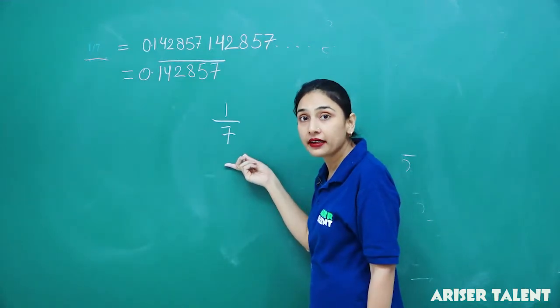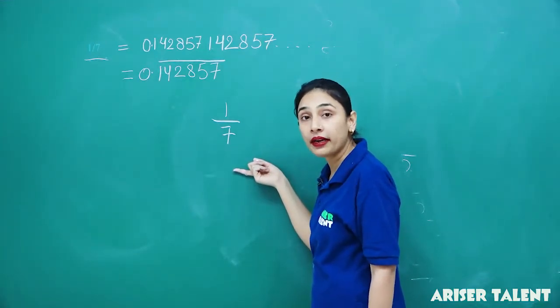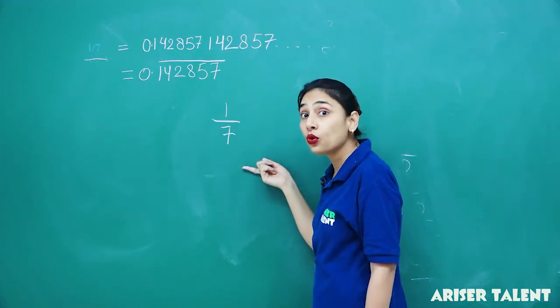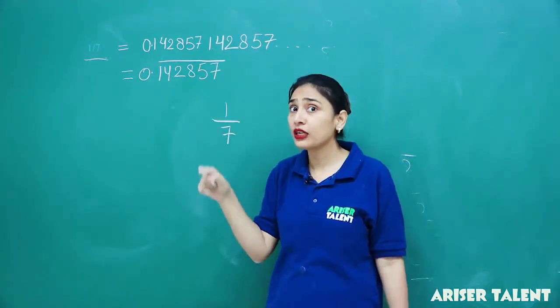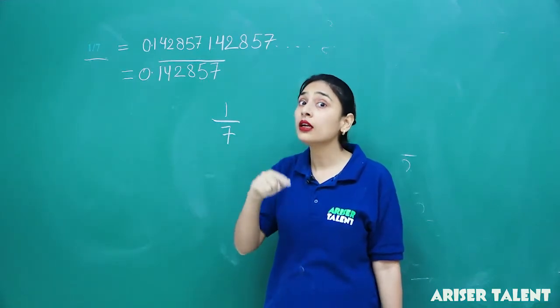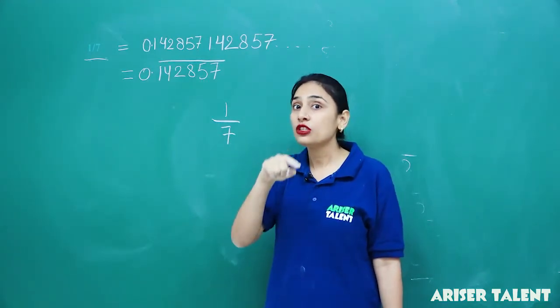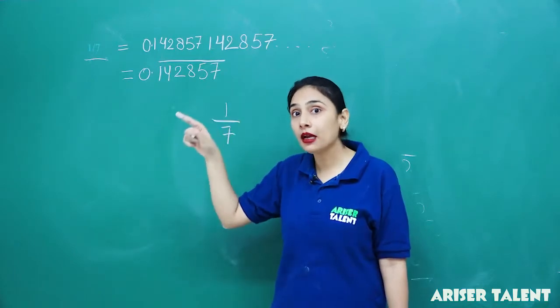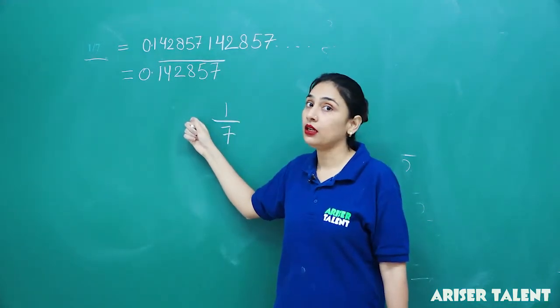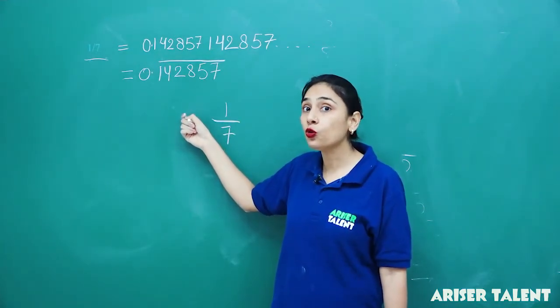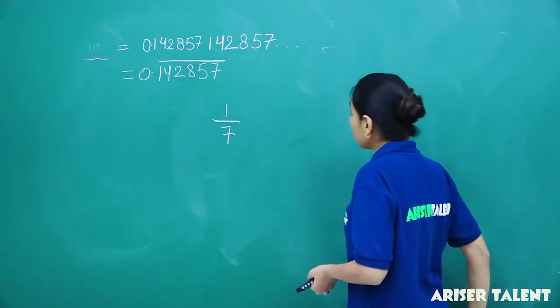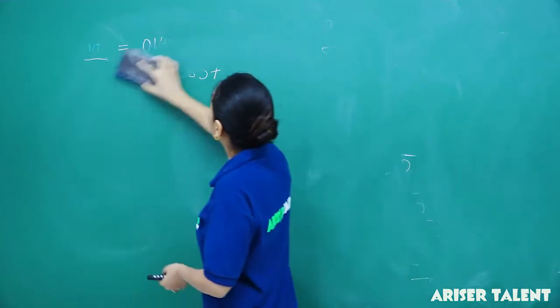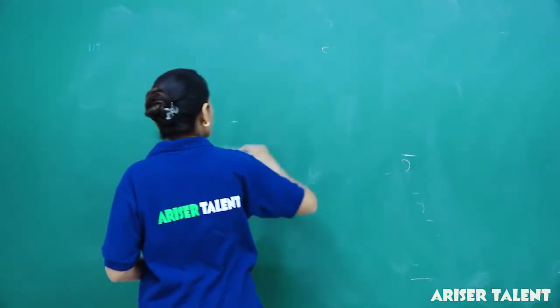The denominator here is not in that format. So, if the denominator is not in the form of 2 raised to power n and 5 raised to power m, this will happen: it will not terminate. So what is our conclusion?